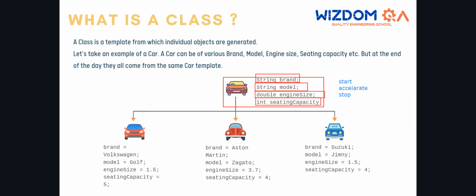A car can start, accelerate, and stop. These are the properties of a car, and attributes are brand, model, engine capacity, and seating capacity.